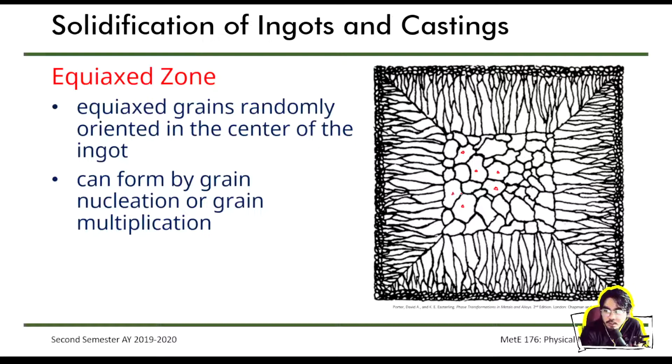So mataas yung retained heat, and therefore slow yung heat transfer. And therefore in this particular case, ang mangyayari is yung growth natin is now faster than nucleation.